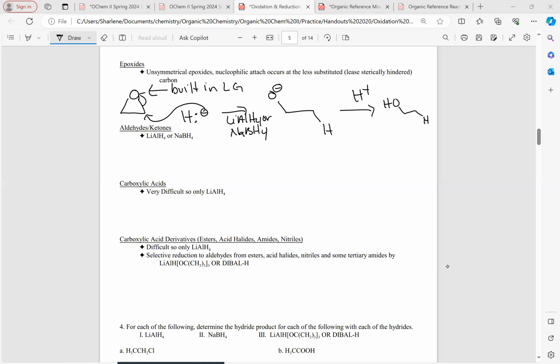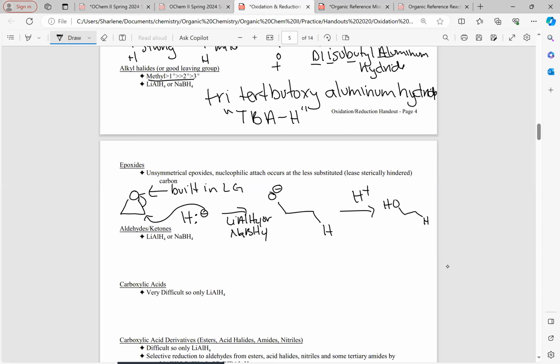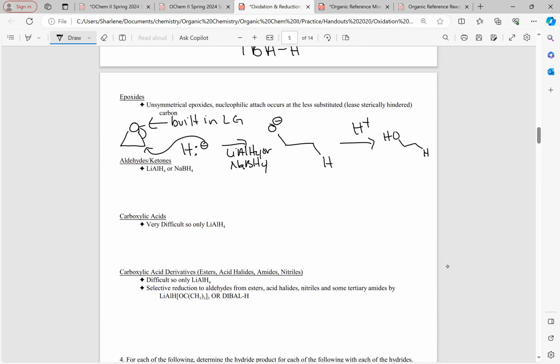All right, so we have seen our alkyl halides, the epoxides. Well, what about aldehydes and ketones? Guess what? Built-in leaving group. And so this could be a hydrogen or a carbon. Okay, built-in leaving group, because carbon-oxygen bonds are polar, and it's also a pi bond, so it's weak and polar, double whammy.